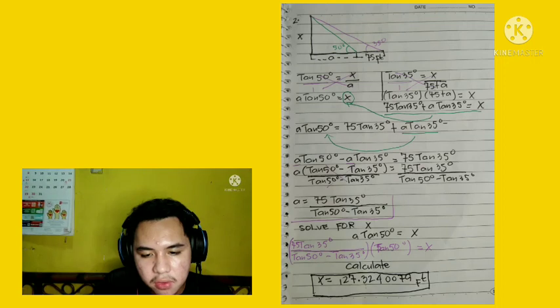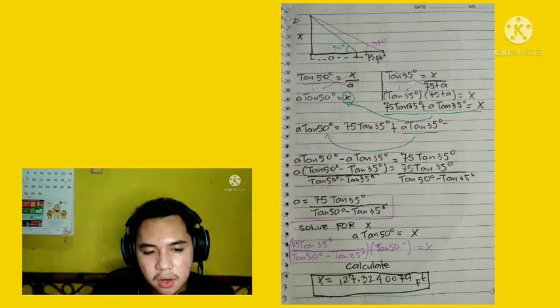So tangent 35 degrees is equal to x over 75 plus a. So just like in our first problem, our adjacent is the 75 feet plus our a, and that is the adjacent of our angle 35 degrees.